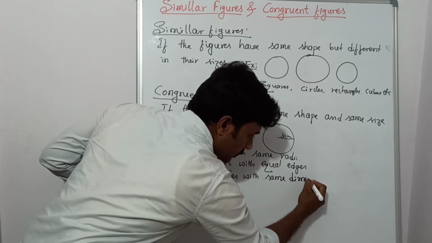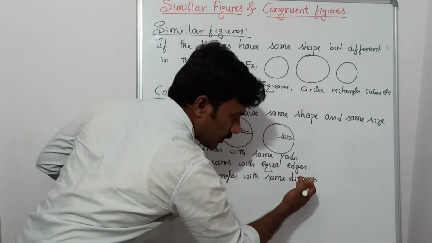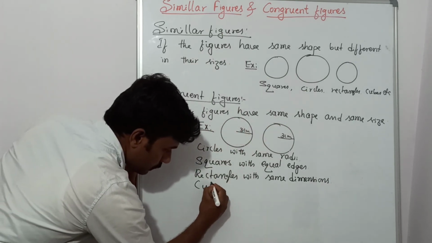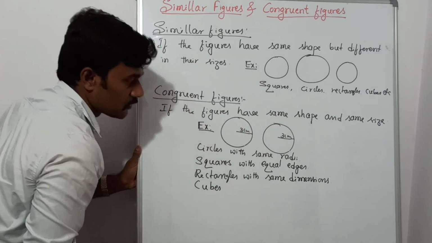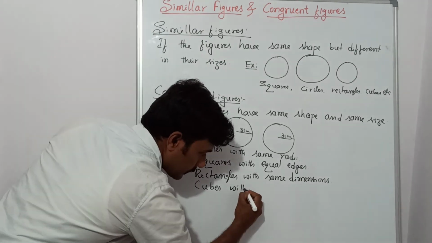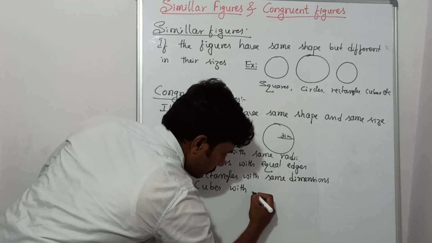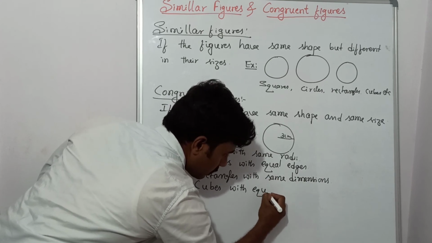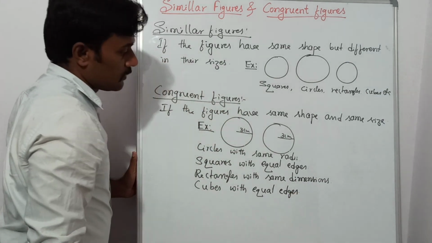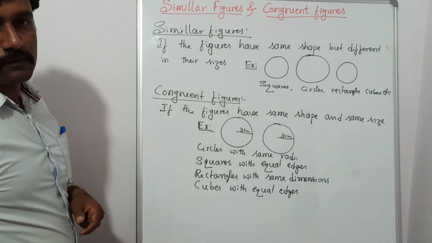The dimensions are length and breadth. And cubes. In cubes, all the sides are equal. Cubes with the same edges. These are the examples for congruent figures.